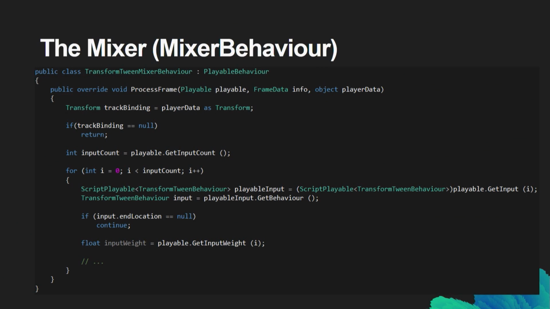Now, in this case, I've just put a little comment, because everything is going to be different. Like for a transform tween, you probably want to work out how far it is between your two starting points and endpoints, and then take an average or something like that. But I'm not going to tell you how to do it in this because it's going to be different for whatever case you want to come up with.